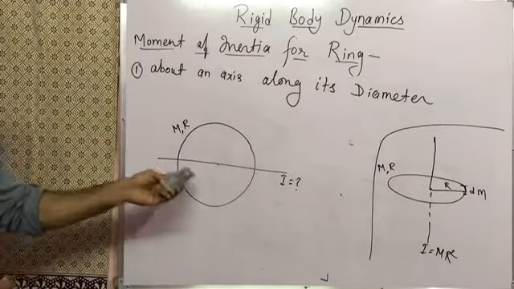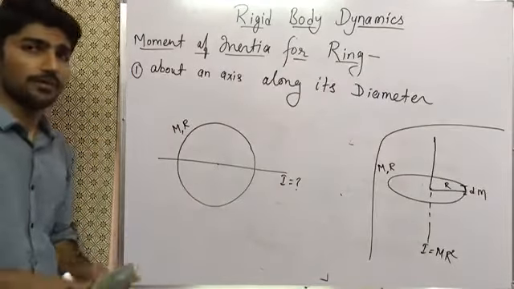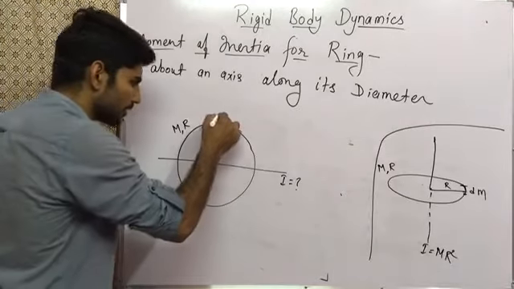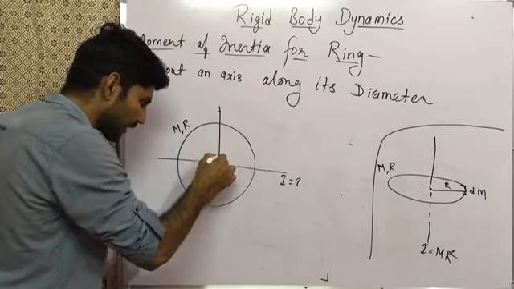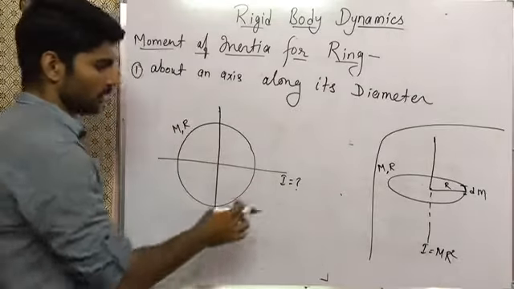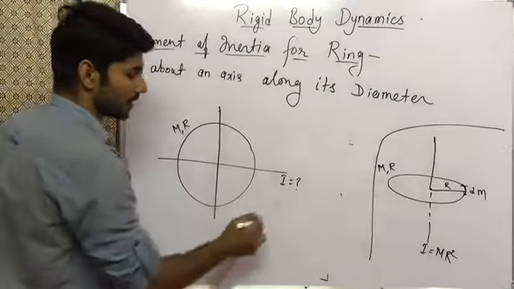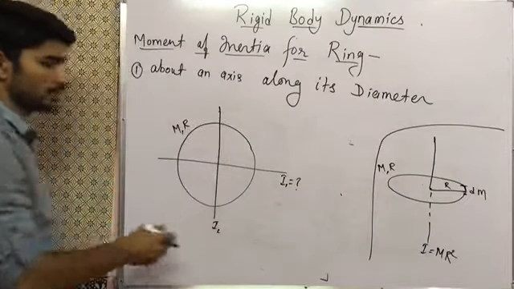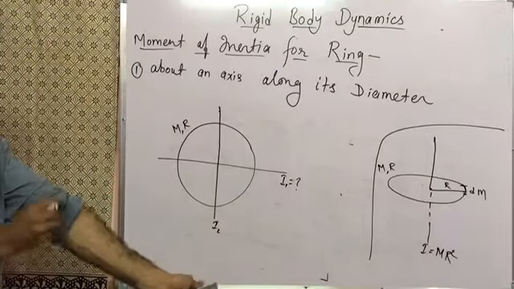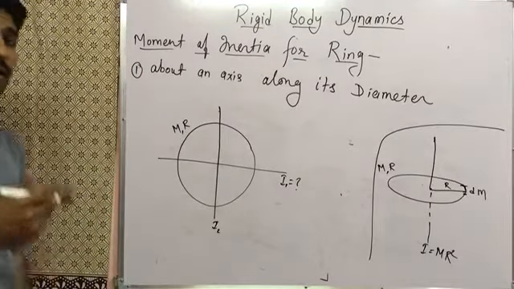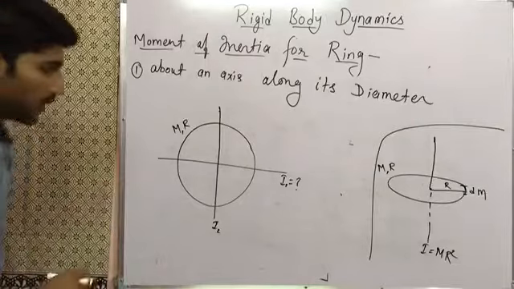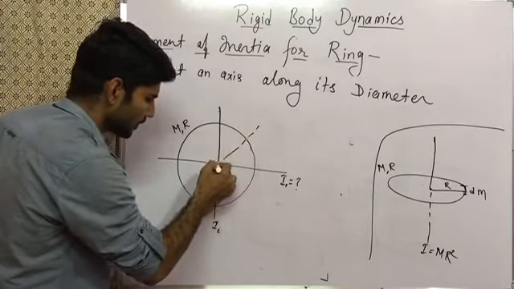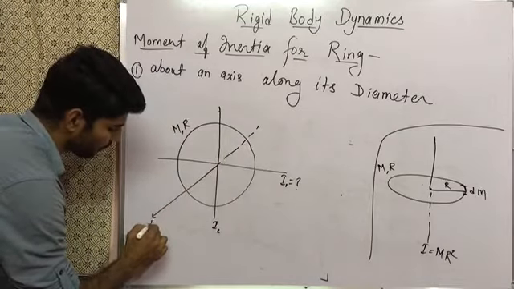For this derivation we use the theorem of perpendicular axis. For perpendicular axes we need to draw another perpendicular axis. The moment of inertia about the first axis we call I1, and about the second axis I2. These two axes are perpendicular, and then we take a third axis which is perpendicular to both of them.